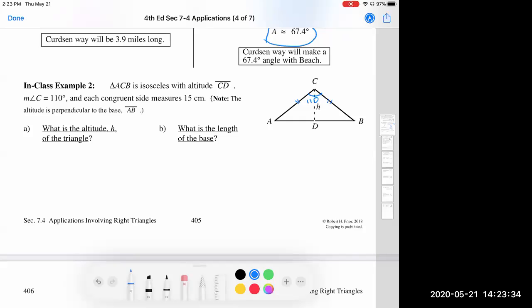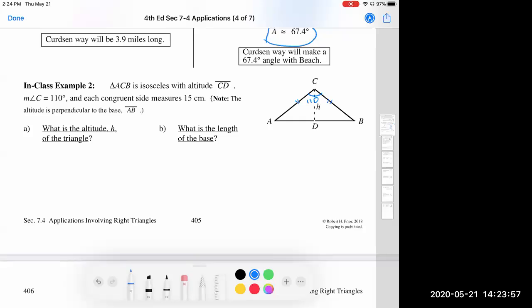And each congruent side measures 15 centimeters. Note the altitude is perpendicular to the base AB. What is the altitude H of the triangle? And B, what is the length of the base?